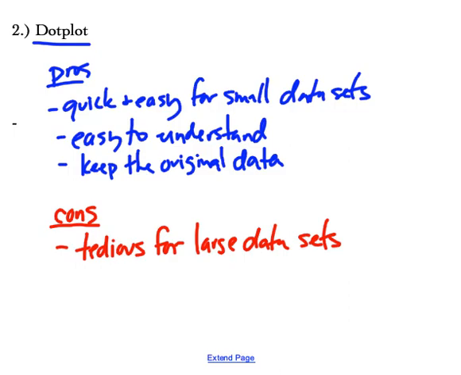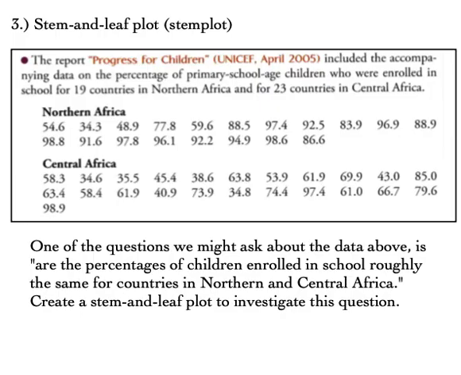All right, so on the next slide we have stem and leaf plot. Stem and leaf plot was a little bit different, a little bit harder to make and to understand, so we'll talk through one real quick. This data set is from a UNICEF report from 2005.